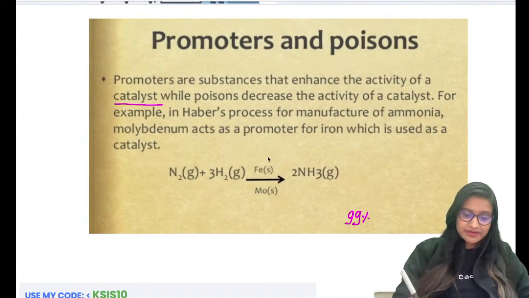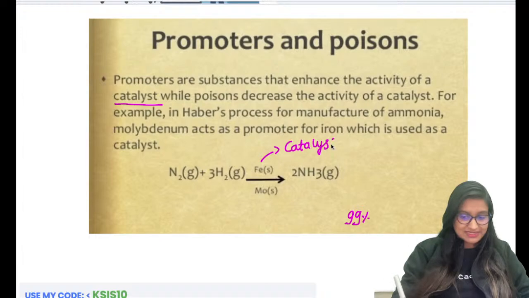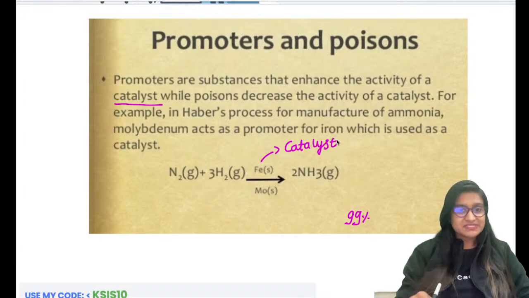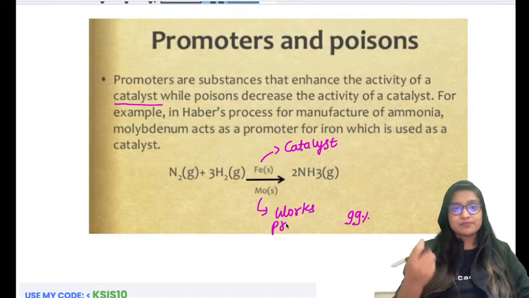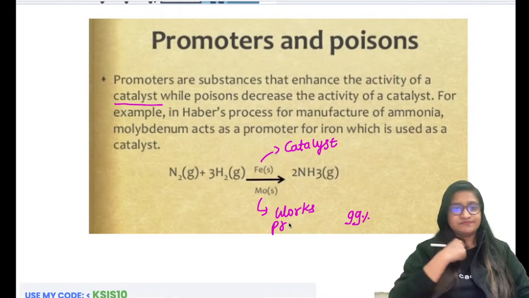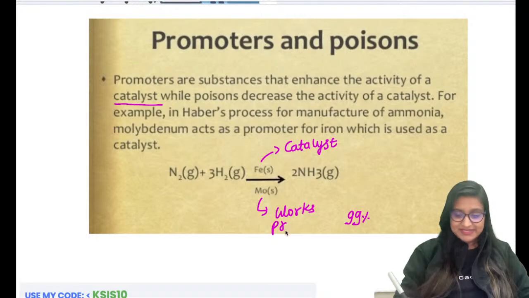Iron here works as a catalyst, whereas molybdenum works as your promoter. यानी कि when you add molybdenum, it increases the activity of the catalyst. So it works as promoter.